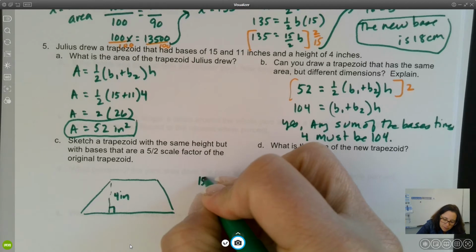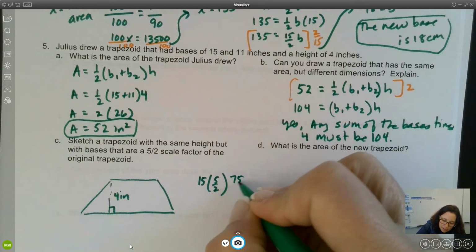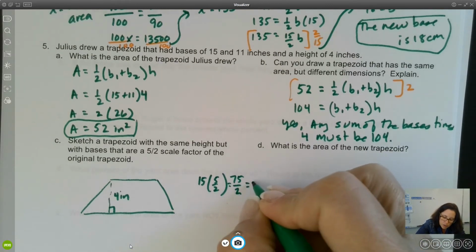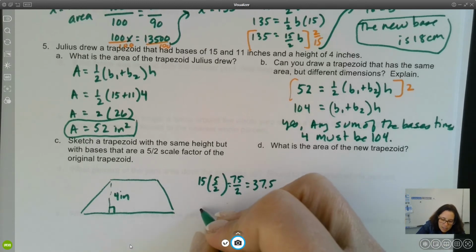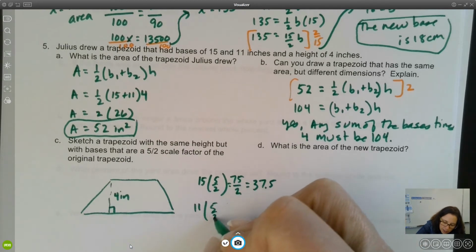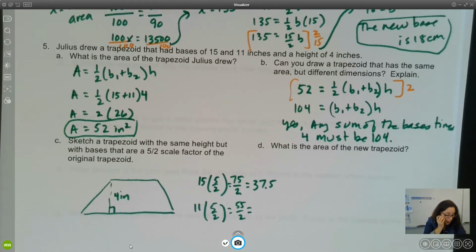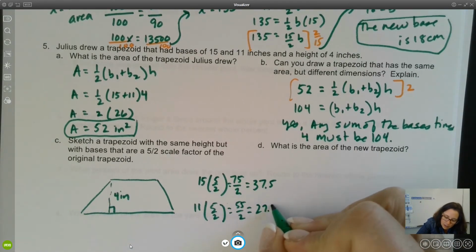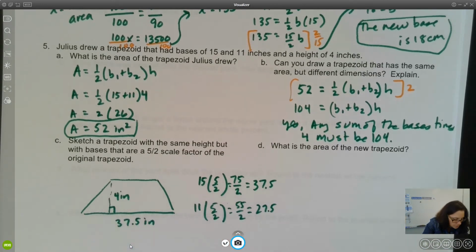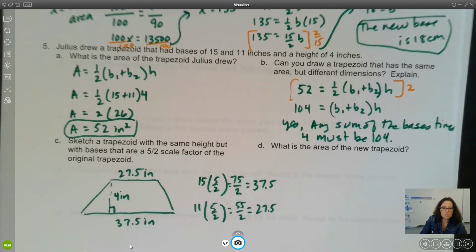So if I take 15 and multiply it by 5/2, I get 75 halves, which is 37.5. And if I take the other one, which was 11, times 5/2, that's 55 halves, which simplifies to 27.5. So this one would be 37.5 inches, and this one up here would be 27.5 inches.